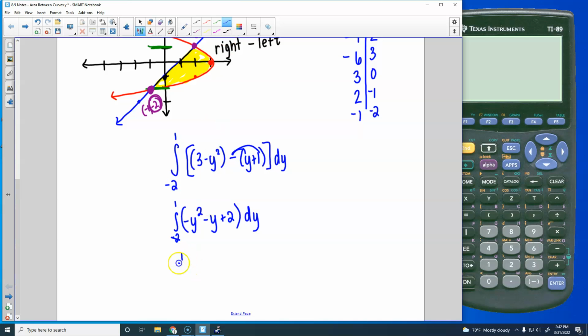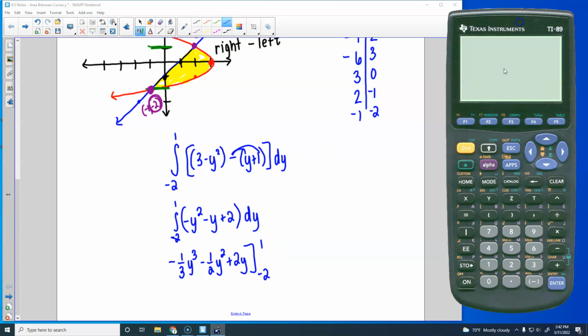So we're going to have -1/3 y to the third, minus 1/2 y squared plus 2y, and we will evaluate that from -2 to 1. And let's use the calculator for that. Do you plug in the bottom number first or the top one? Top goes first.